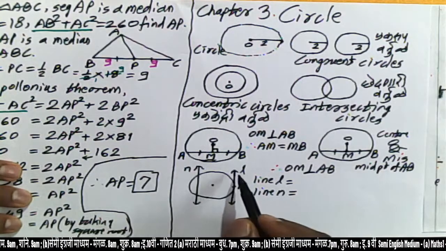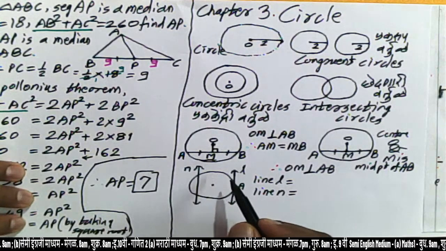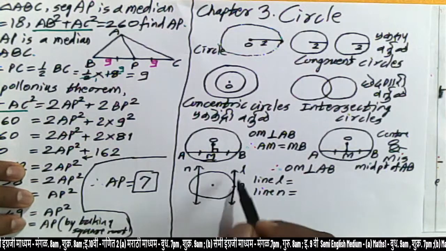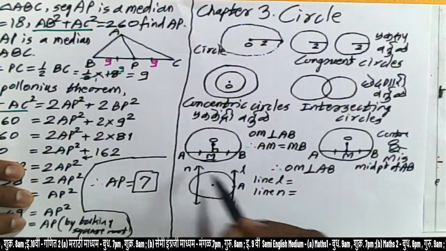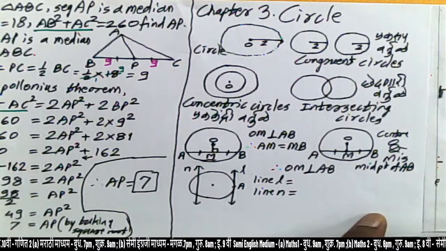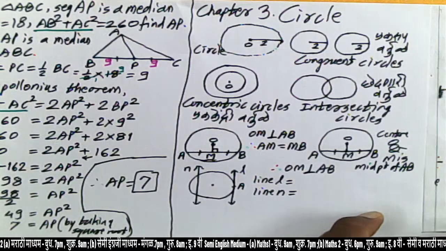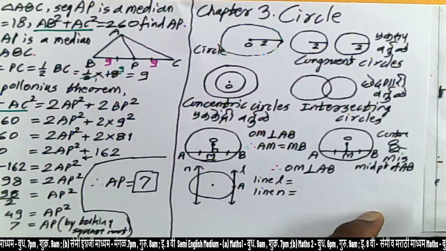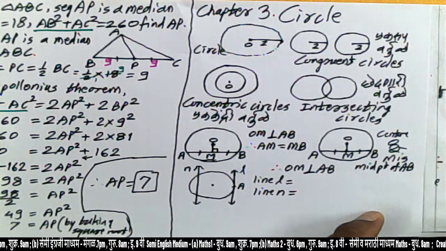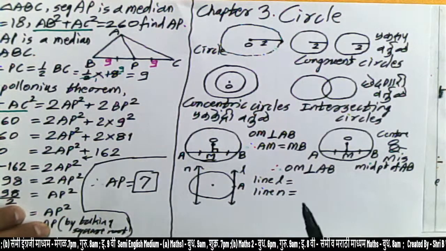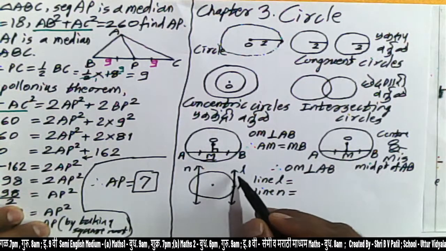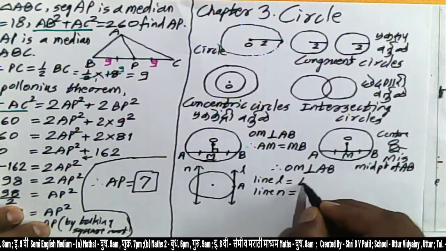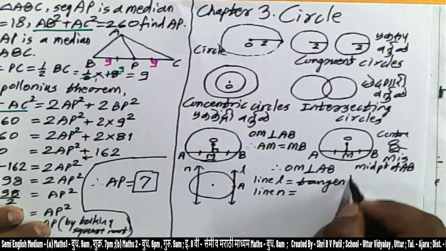These are the two lines. Then what do we say for line L, and for line N? Yes, line L is called tangent.